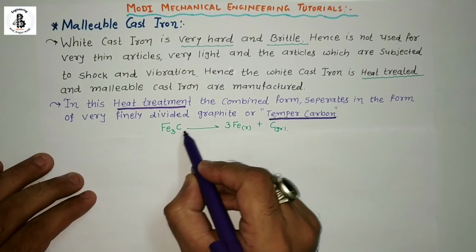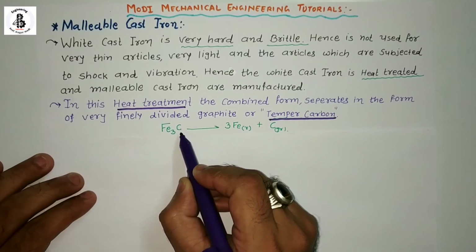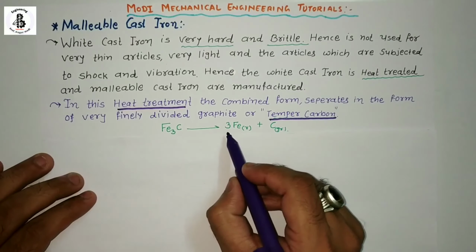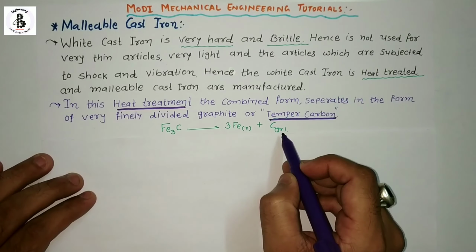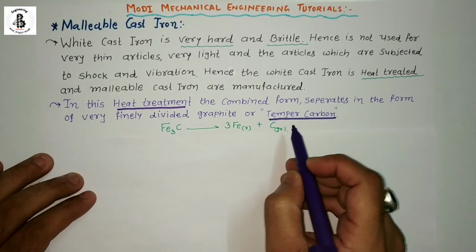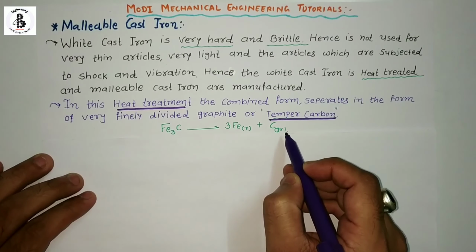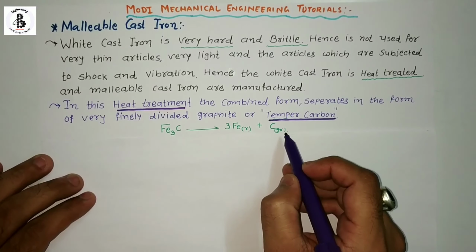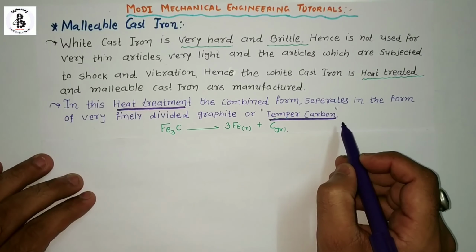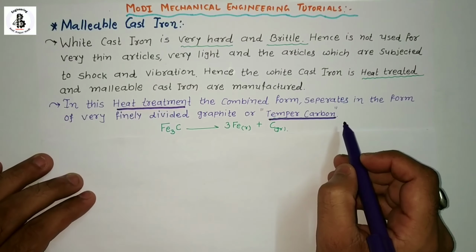So Fe3C, or cementite, is converted into 3Fe plus C, that means carbon in the form of graphite. This reaction takes place above the eutectoid temperature to make tempered carbon in the malleable cast iron structure.